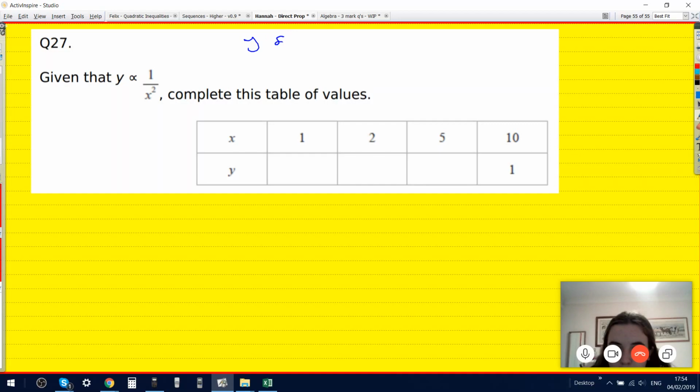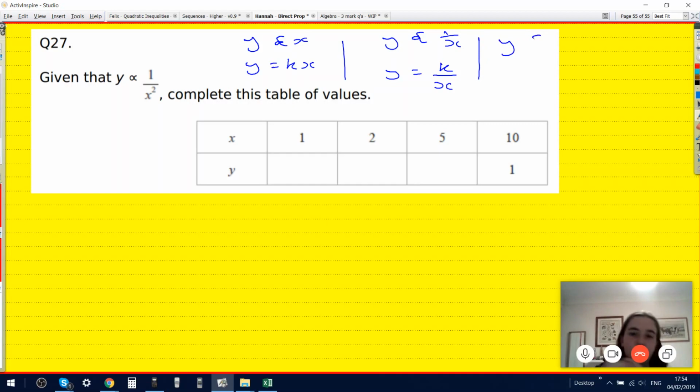If y is directly proportional to x, then it's y equals kx. If y is proportional to 1 over x, then it's y equals k over x. And so for this one?